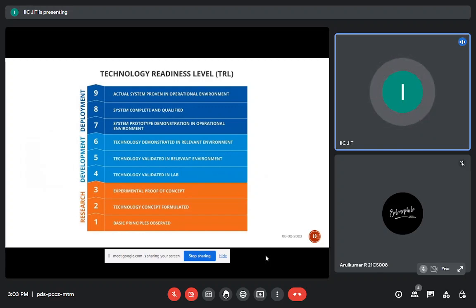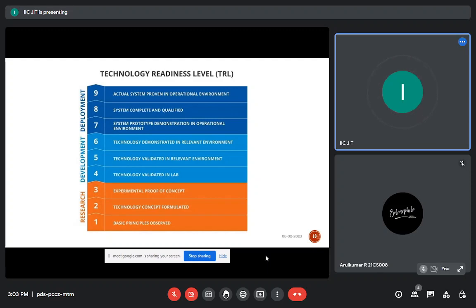Now, simply speaking, the first 3 levels are something like idea and proof of concept. First 3 levels, I'll explain. 4, 5, 6 is a prototyping stage. Simple prototype, advanced prototype, verified prototype. And the last 3 levels, 7, 8, 9, are the product stage.